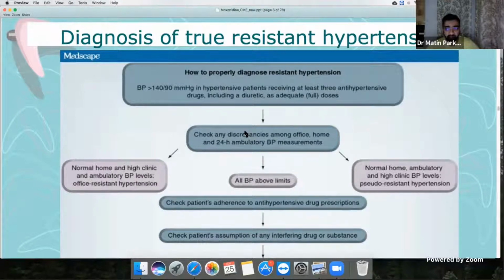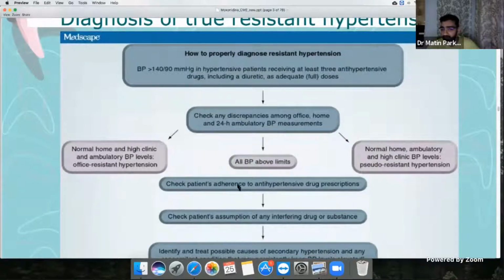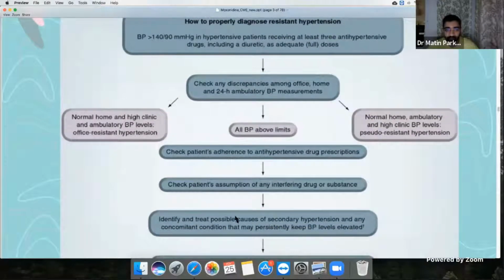Once 24 hours ambulatory BP monitoring shows blood pressure is higher, then check for the patient's adherence to the antihypertensive therapy. If you notice that at home the blood pressure is normal in the ambulatory BP monitoring, then only this is called office hypertension or white coat hypertension, which requires no treatment.